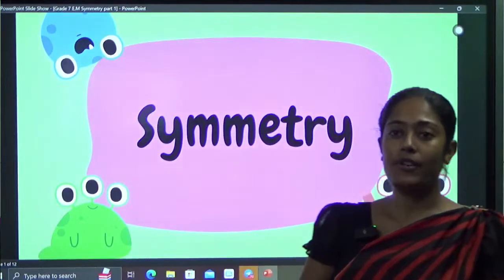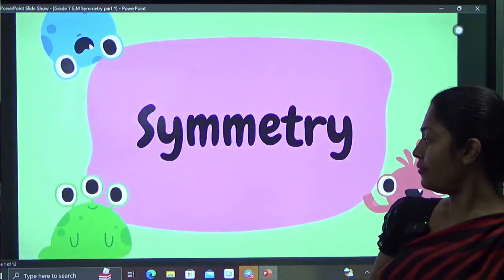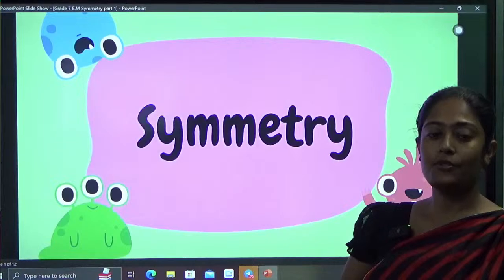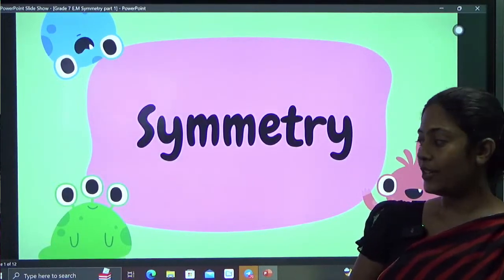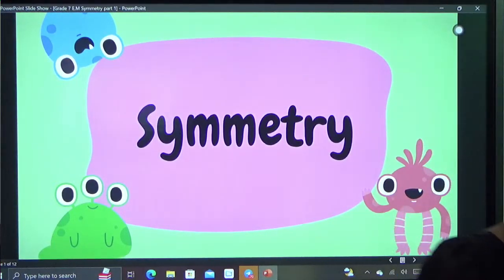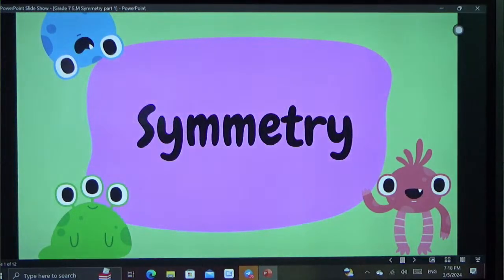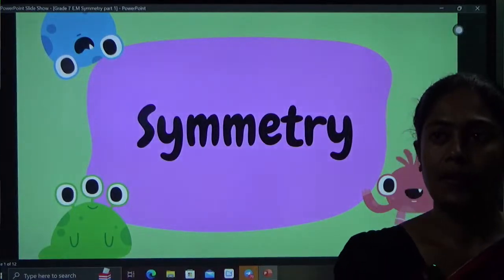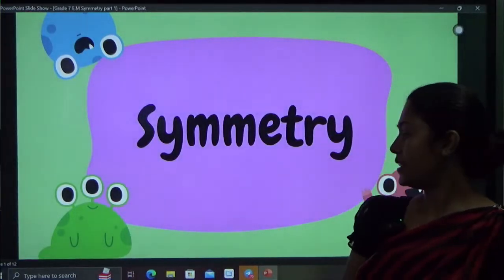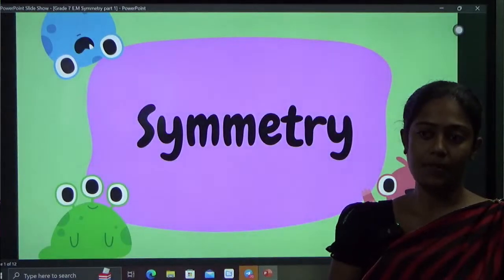I think you have already gone through the book and found out the lessons you have to learn in the first term, right? So the first lesson is symmetry.